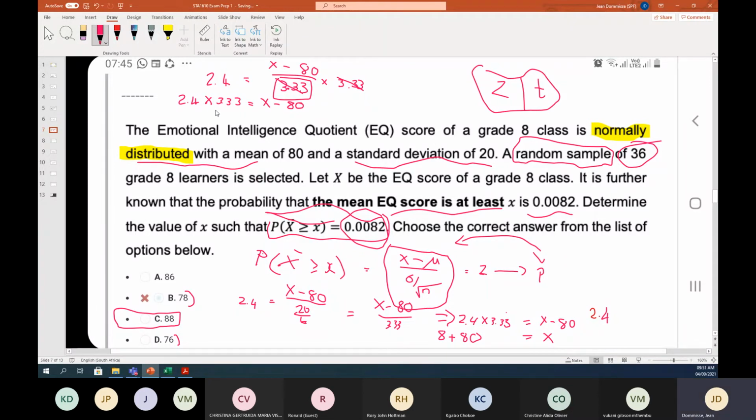So then that will be 8. If I multiply that out, this is x minus 80. And then I take that over to that side. So the minus becomes a plus. So it's 80 plus 8 is equal to x.